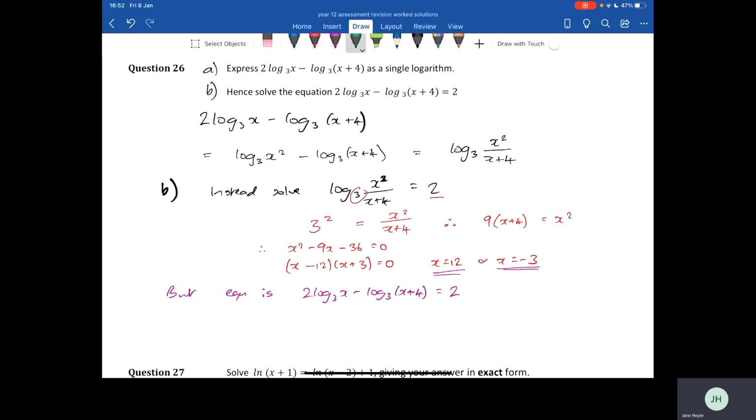If you put negative 3 in there, that doesn't work. 2 log to the base 3 of negative is undefined. So logs are not defined for any negative value of x.